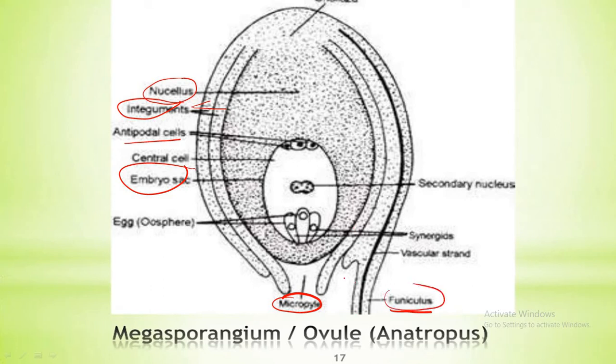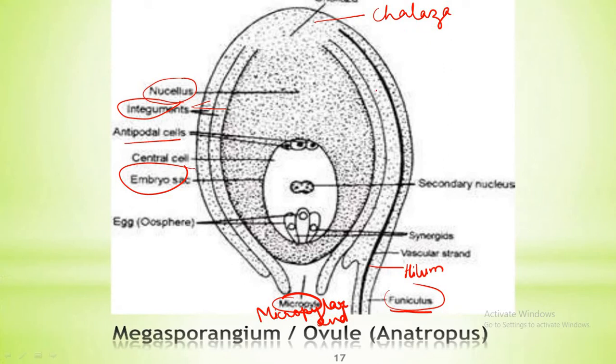Just beside the funicle there is the hilum. This end of the ovule is known as the chalaza, which is opposite to the micropyle, and here an opening is present. It is known as the micropylar end or pole. This is also known as the chalazal end or chalazal pole.